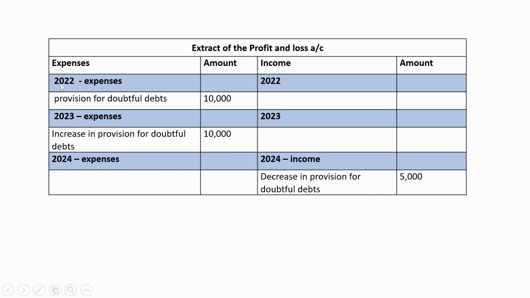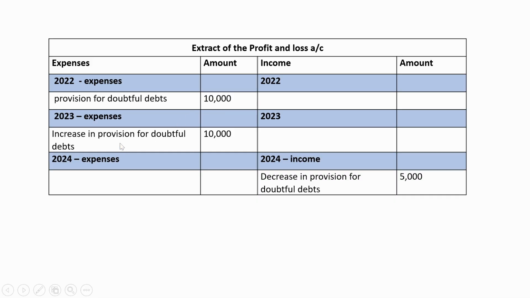So for example, in 2022, we have recorded on the credit side of the provision for doubtful debts account. Now when you come to the profit and loss account, you record it on the opposite side, which is the debit side. And then here we are calling it provision for doubtful debts. 10,000, that is the amount for the first year.